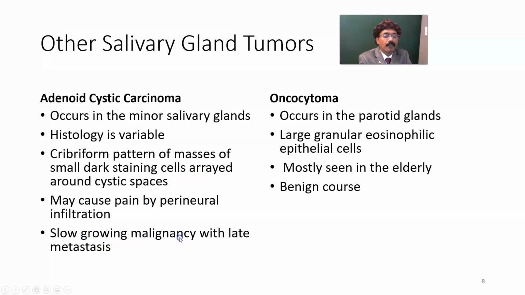It is a slow-growing malignancy with late metastasis. Another one is oncocytoma, which occurs in the parotid gland, with large granular eosinophilic epithelial cells, mostly seen in the elderly. It has a benign course.